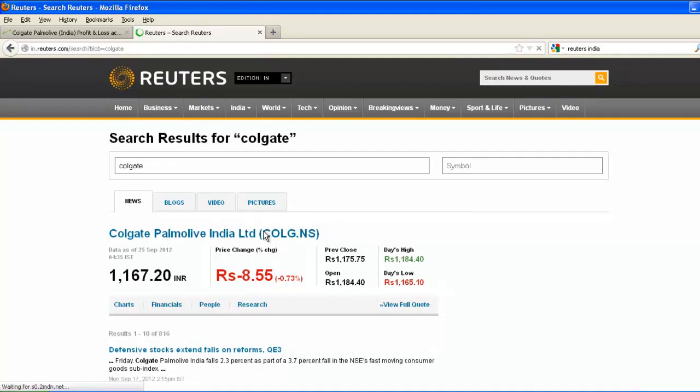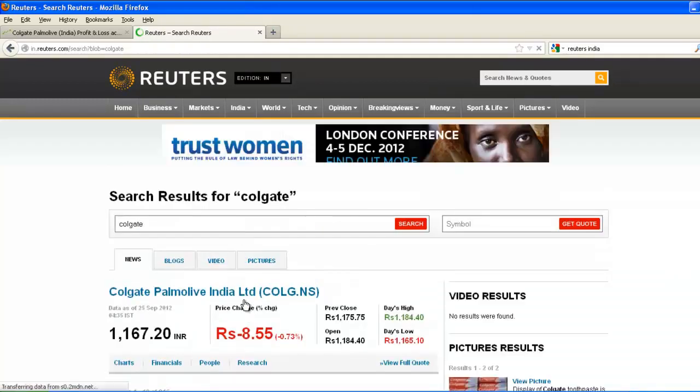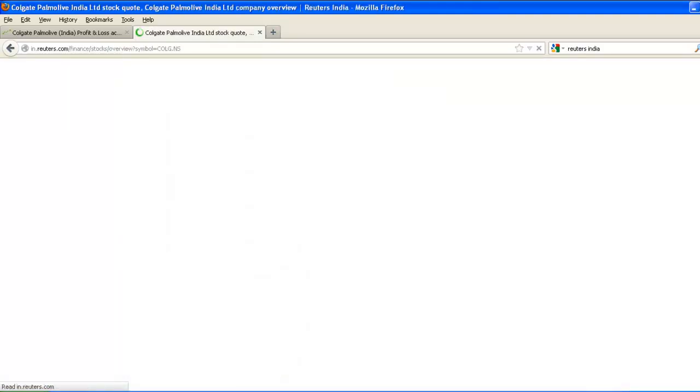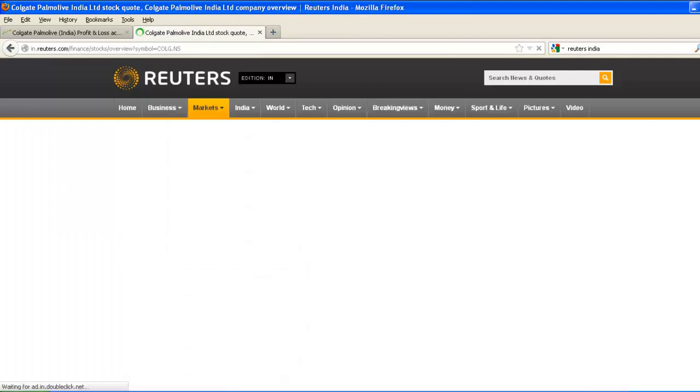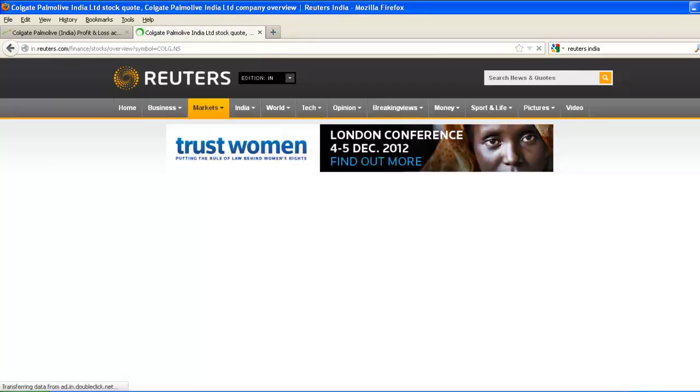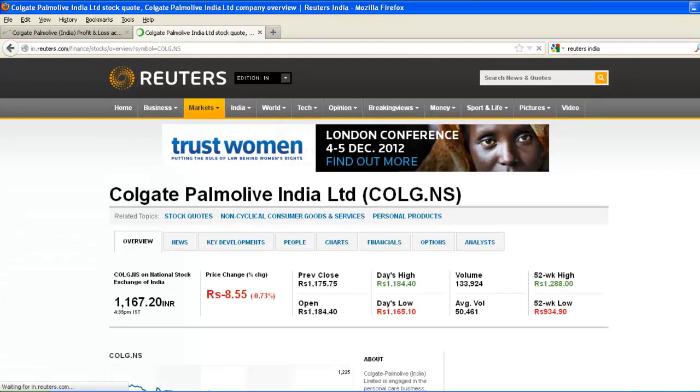Here is the link for Colgate Palmolive India. Click on this link so that we'll get data for Colgate Palmolive. Okay, fine. So we are now on Colgate Palmolive India's page on Reuters India.